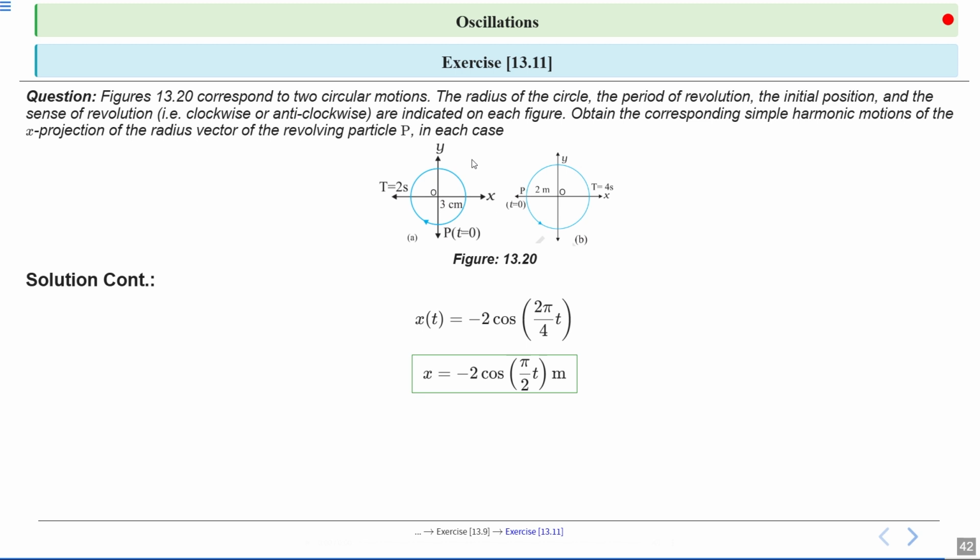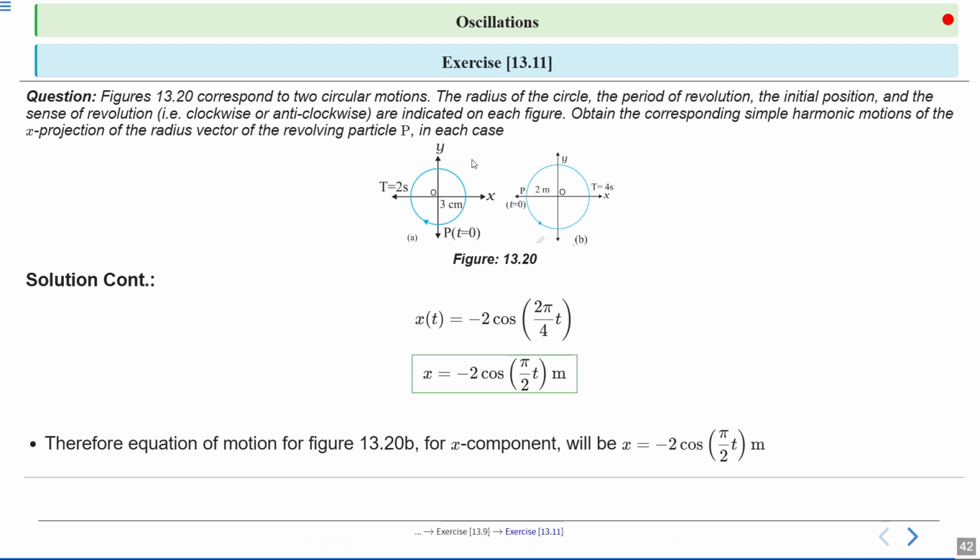So x of t is equal to minus 2 cos pi by 2 into t meter. This makes it easier to see the relationship between time and position. Therefore, the equation of motion for figure 13.20b for the x component will be x equal to minus 2 cos pi by 2 into t meter.